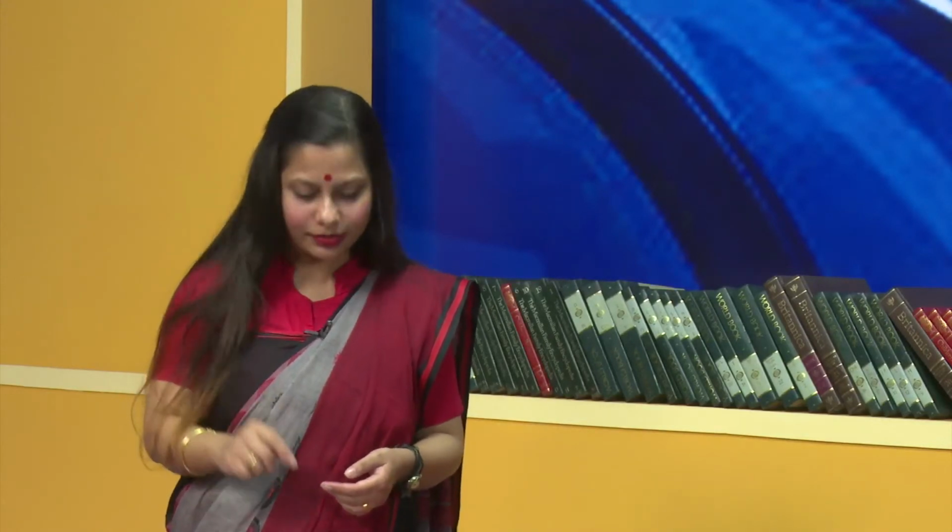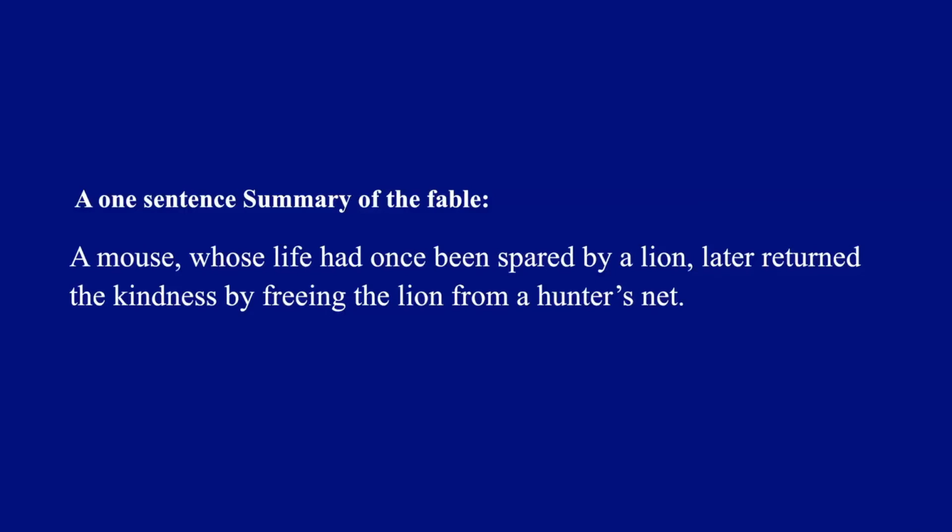Now, I am going to give you another example of the summary of this fable, which is of only one sentence. A mouse whose life had once been spared by a lion later returned the kindness by freeing the lion from a hunter's net. So, from this fable and from the summaries I have presented, I hope you understand how to write a summary.